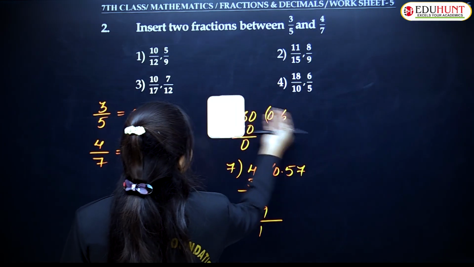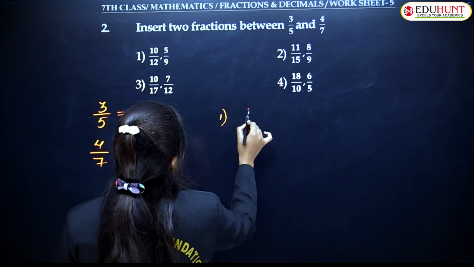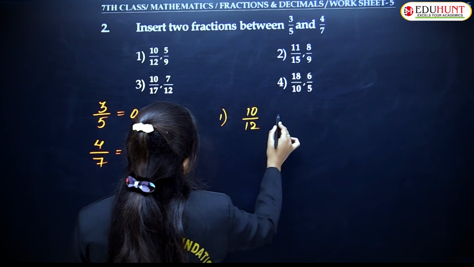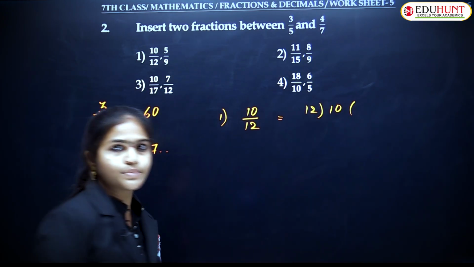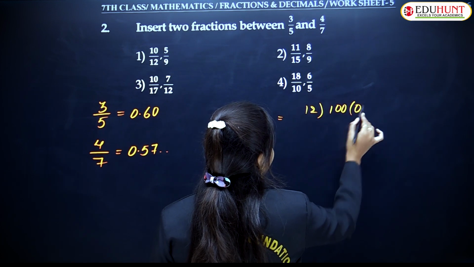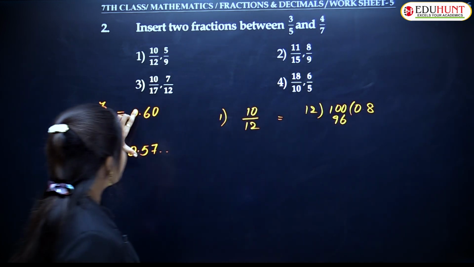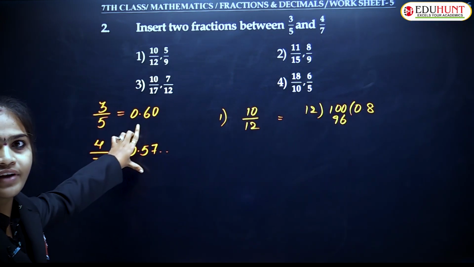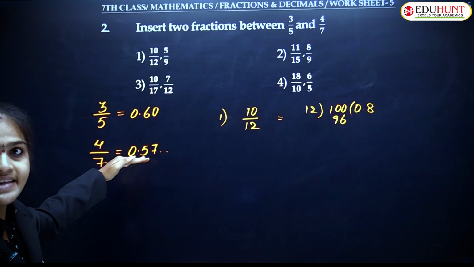Let us see the first option. 10 by 12 means 10 divided by 12. Keep that as 0 and here 0. 12 eights are 96. 0.8 is more than 0.6, but we need less than 0.6 only.